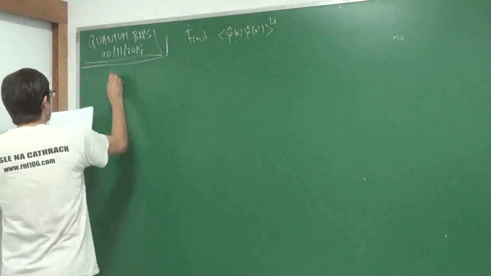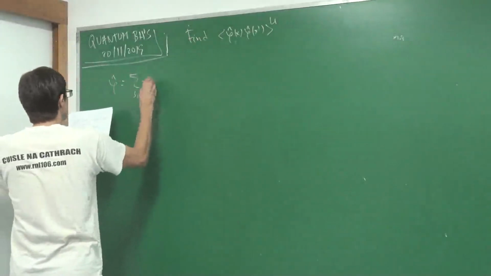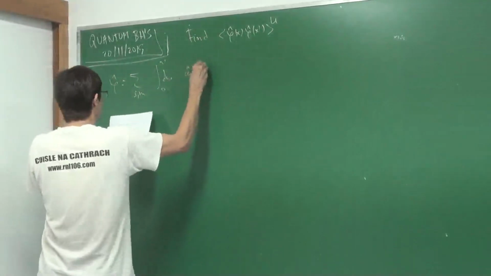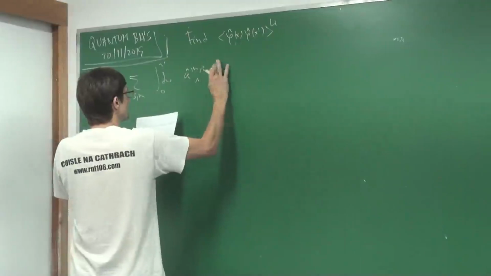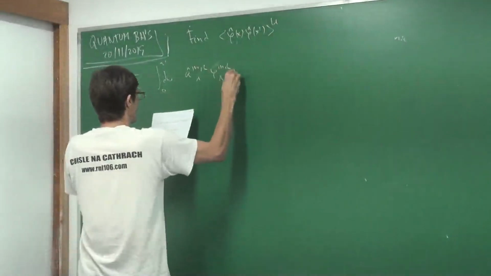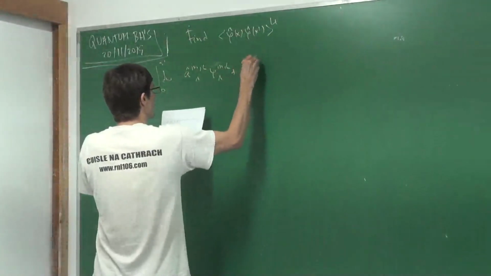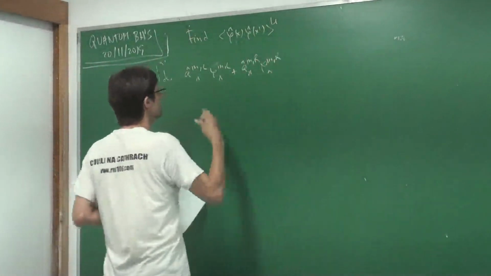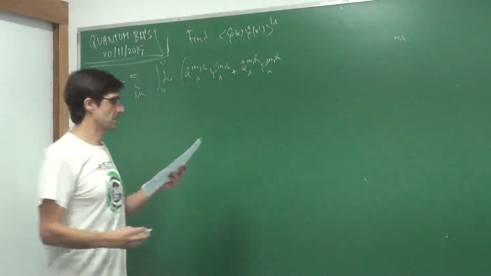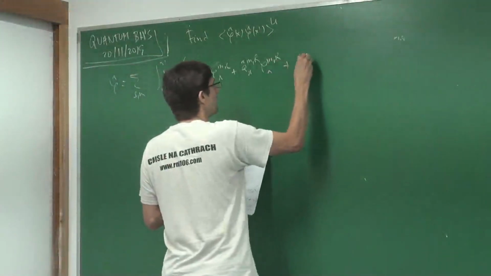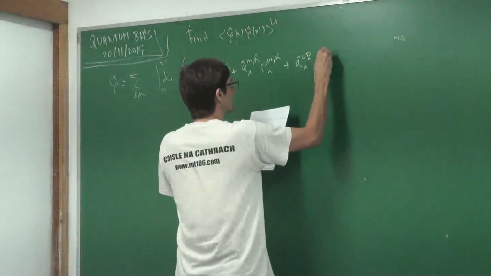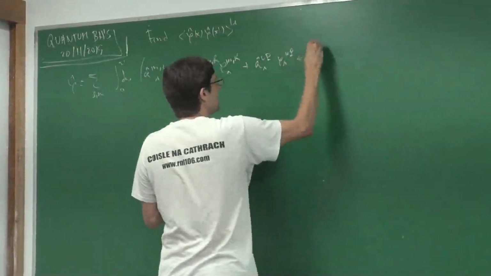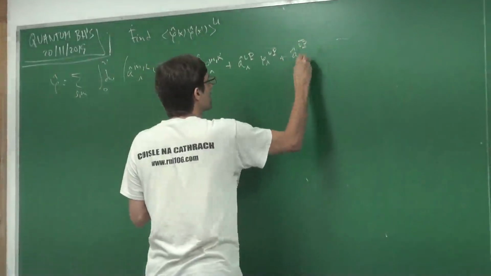Okay, so for Unruh, we expanded the field in terms of the little in modes, the left and the right ones, the capital up modes and the capital up bar modes.